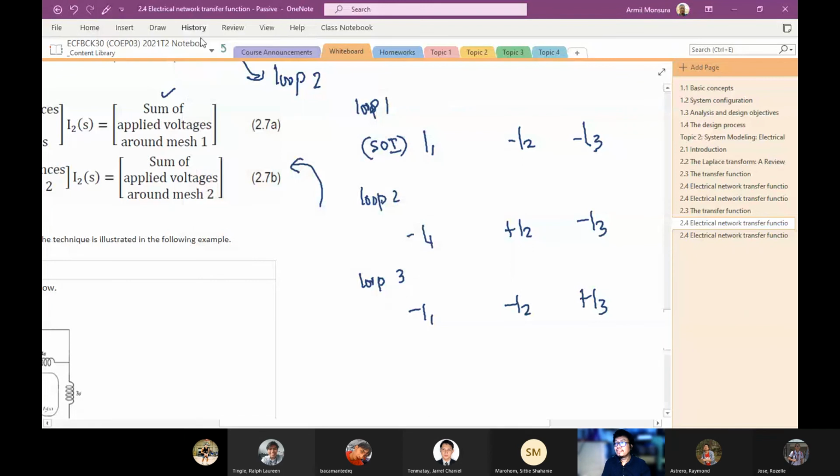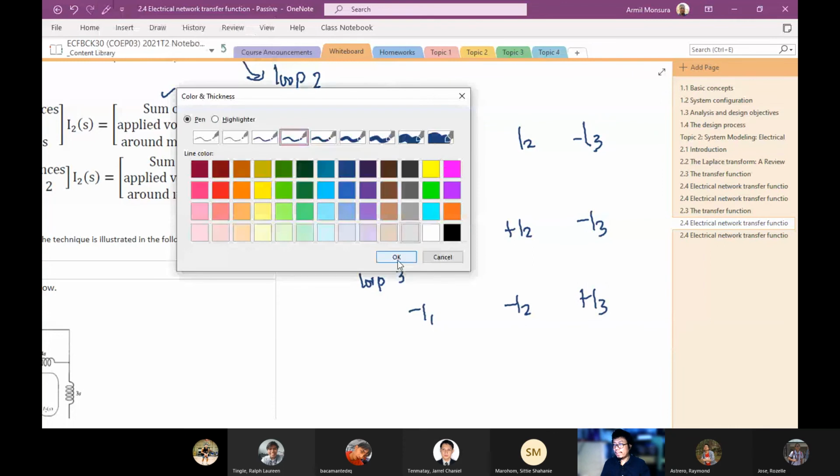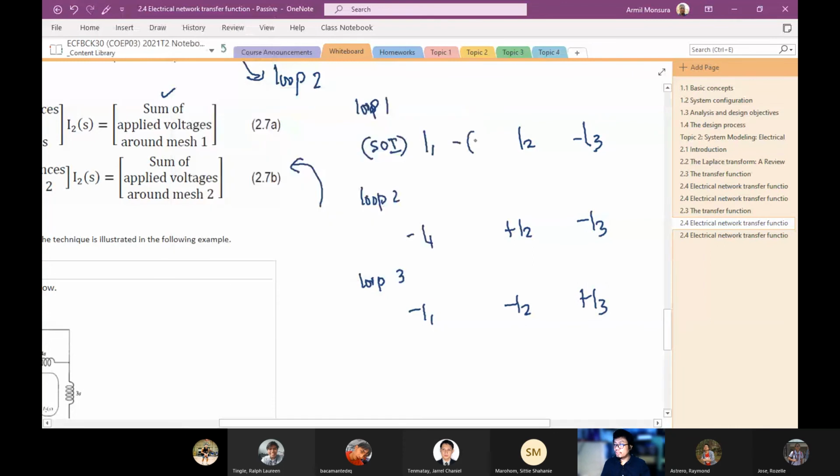Ang hahanapin nyo para sa I2 or yung i-multiply sa I2 ay yung sum of common impedances, of course, between I2 and I1. Sana nagigets nyo yung pattern. Ito naman, ang kukunin nyo dito is yung sum of common impedances between I3 and I1. So, that should complete your first equation.